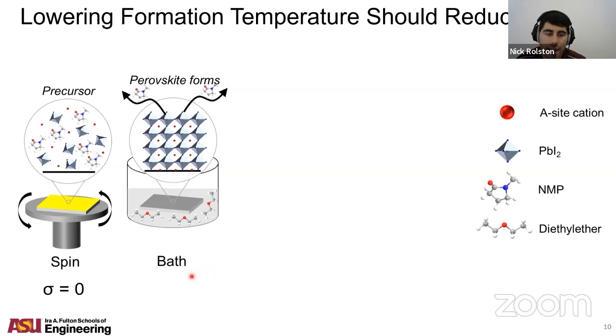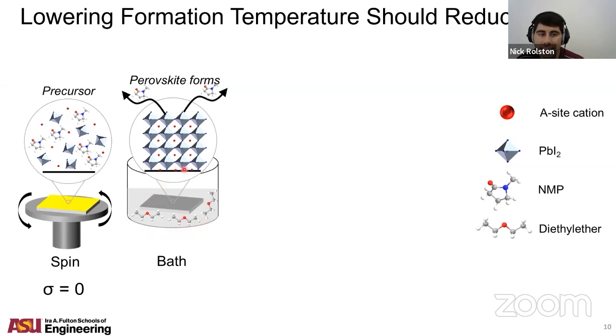So rather than having to reduce the annealing temperature, which can actually result in lower quality films and different properties that are less desirable from an electronic point of view, we instead decided to use an alternative approach where we quench the perovskite fully in an anti-solvent bath. In this case, we use diethyl ether immediately after spin coating.